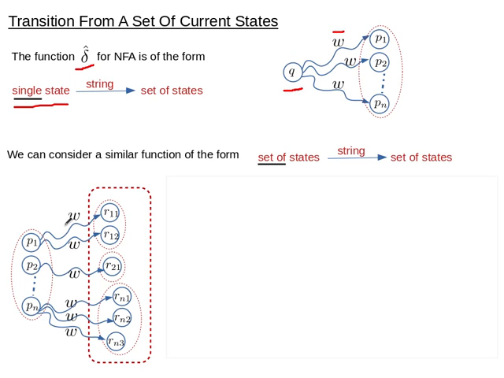So we can consider the similar possibility, but instead of a single starting state or single current state, we now consider a set of current states. So now how do we compute this thing? So instead of writing equations, let us just consider this picture.